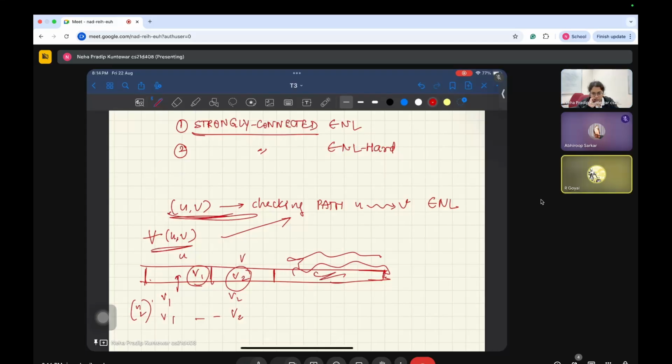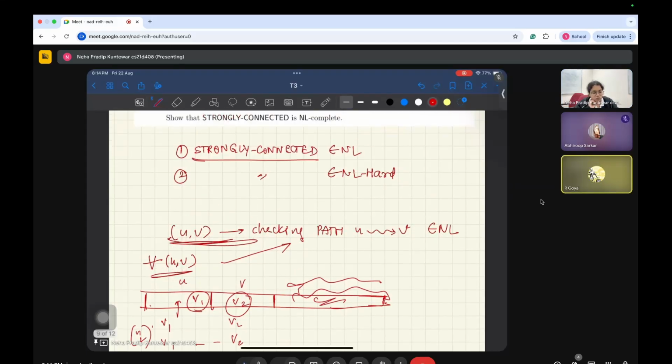Okay, good. Now what remains is to show that this problem is NL hard. So I have to reduce reachability to this problem. Reachability is NL complete.